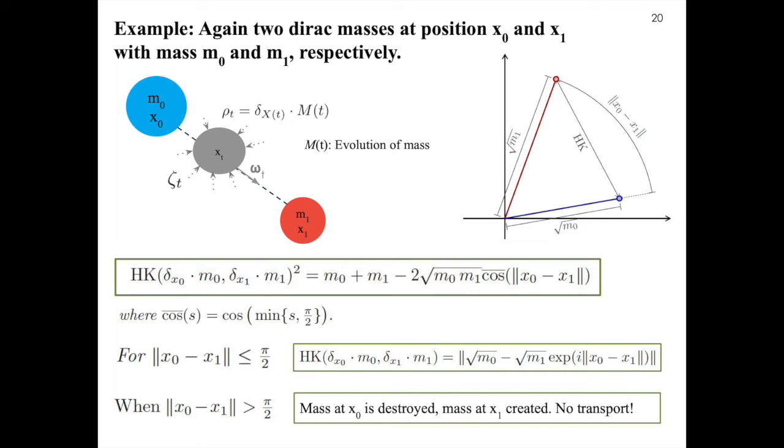If the distance between the two Dirac masses in this ground space is smaller or equal to pi over 2, then the HK distance between them is given by the length of this vector here. However, if their distance in the ground space is larger than pi over 2, then you simply don't move any mass. You just destroy the mass at the blue dot here and create the mass at the red dot here.